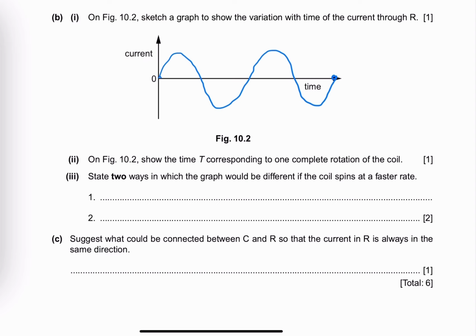So if the coil spins at a faster rate, what will happen? The frequency will increase. The graph's amplitude will increase and its frequency will also increase. It will be like this.